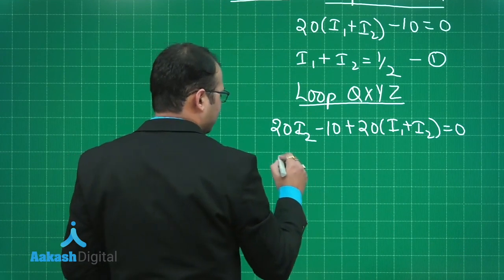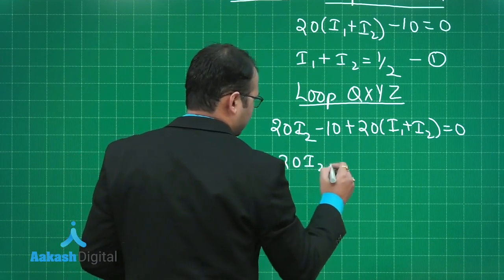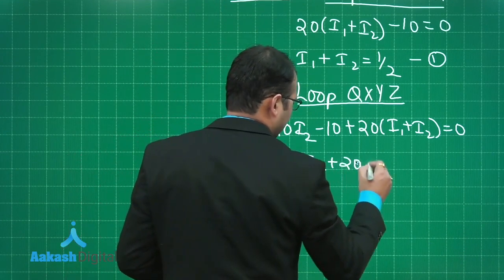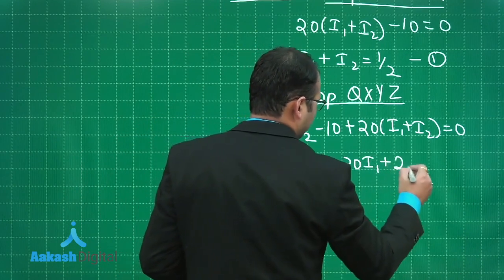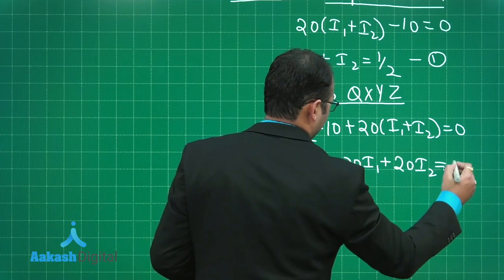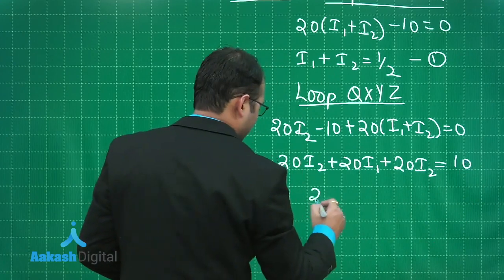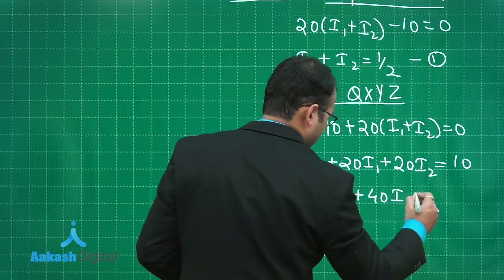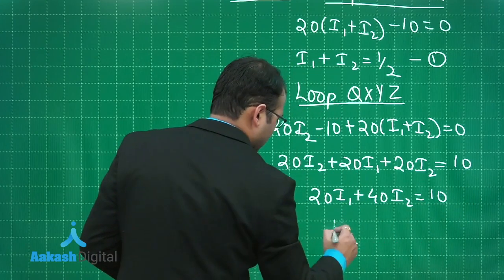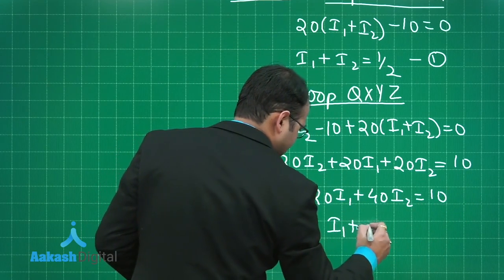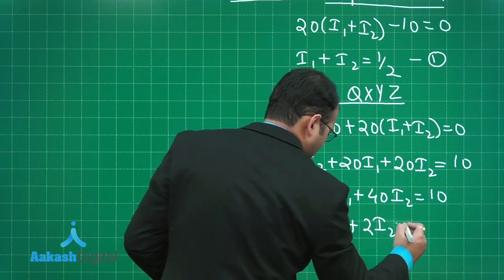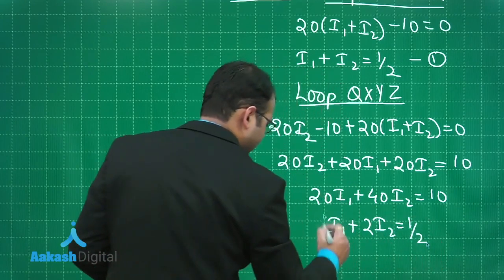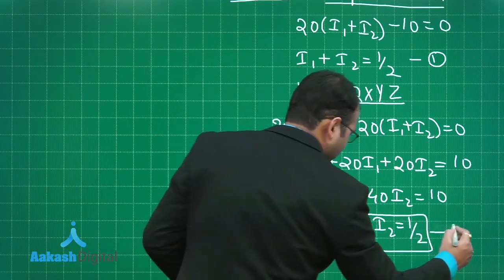Solving this, you get 20 I2 plus 20 I1 plus 20 I2 equals 10, or 20 I1 plus 40 I2 equals 10, or I1 plus 2 I2 equals half. This is the second equation.